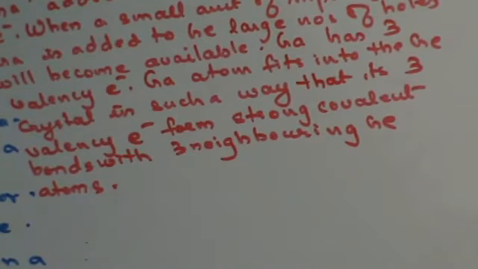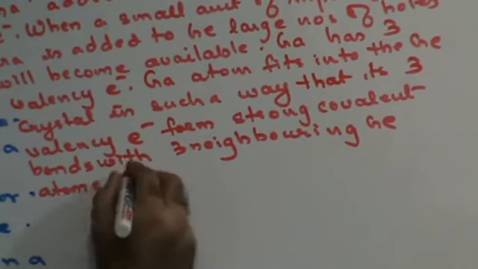Now, in the fourth covalent bond, only the germanium atom contributes a valency electron, whereas gallium has no valency electron to contribute.